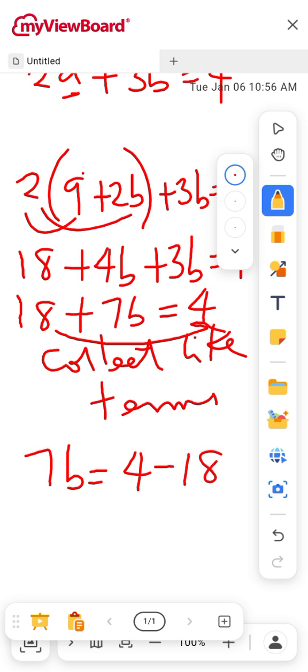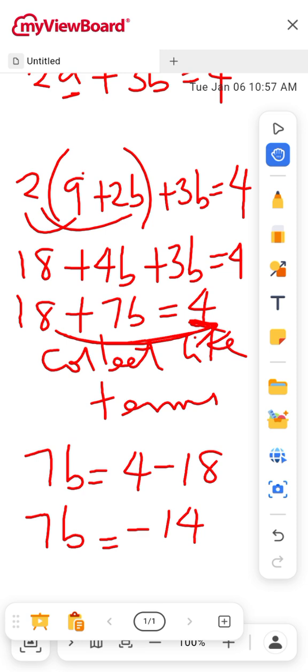When you are collecting, it's very important that you collect correctly. Don't go and put 18 first, because it's 18 that is coming to meet 4. And when you are going to visit somebody, the person you meet at home will forever be at home. So that will be 7b equals, what is 4 minus 18? I have 4 naira, I'm owing 18 here, that's minus 14.